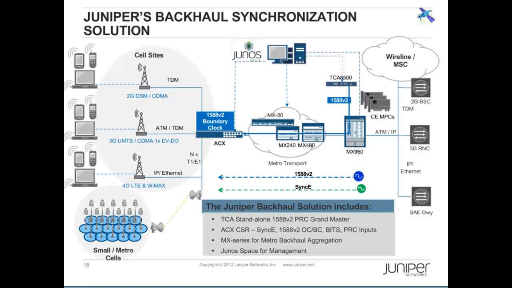So right from the get-go, we have the ability to scale the boundary clock as well as provide an end-to-end timing solution through the TCA 8000 and 8500 Grandmasters, synchronization 1588 being available on MX MPCs, and synchronization 1588 available on ACX as well.